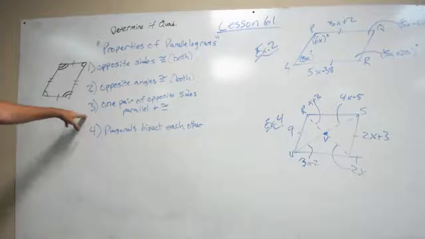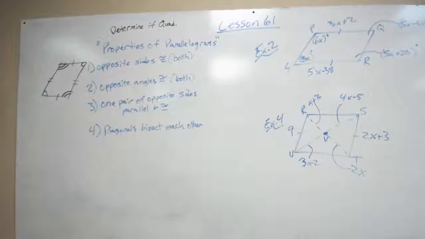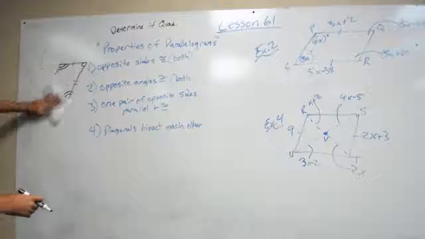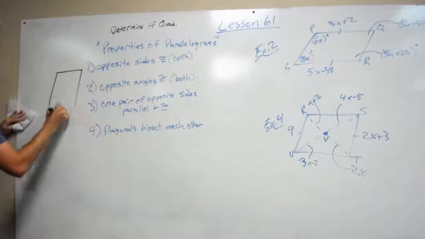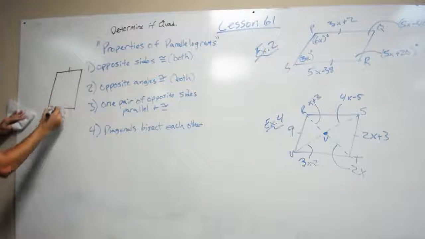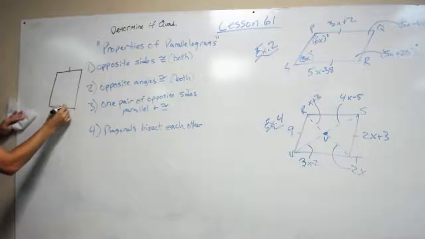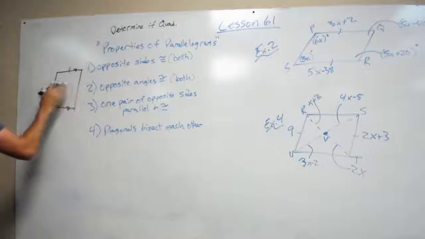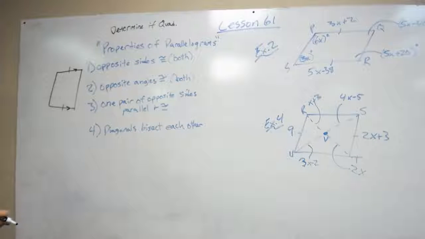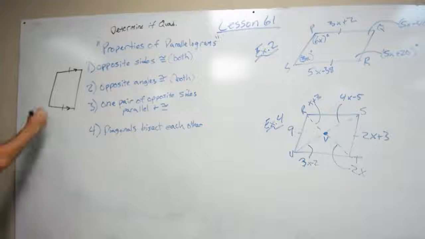The third one is one pair of opposite sides is parallel. So let me draw what that would look like. That might look like opposite sides are congruent and parallel. If we know that right there, we automatically know that this is going to be a parallelogram.